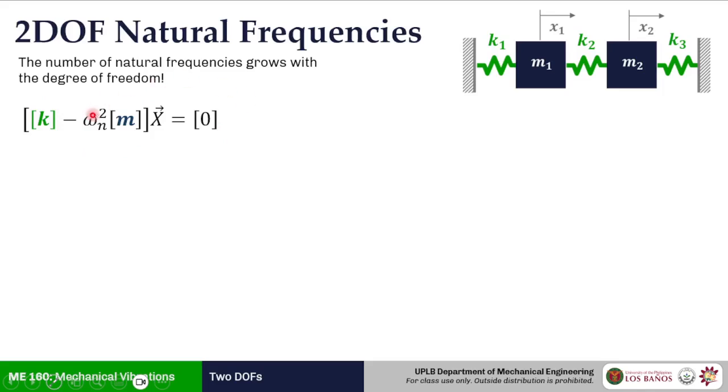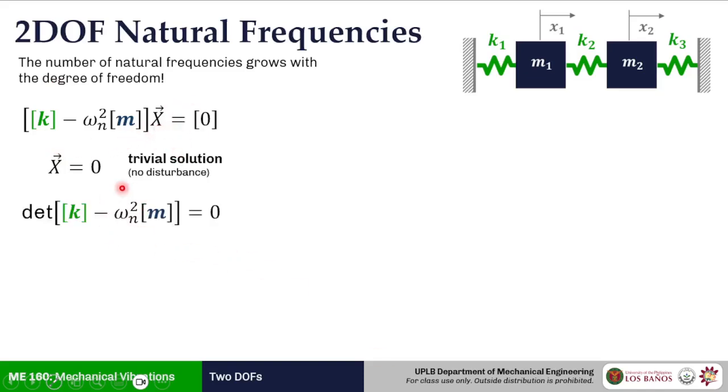As with before, we have two approaches that can lead to the correct answer. The first one is to equate the entire vector to zero, but that is actually quite a useless solution, so we skip that. Instead, we look at our impedance matrix. If we get the determinant of this impedance matrix and we equate this to zero, whatever omega n makes that possible, or makes this equation true, is a natural frequency.